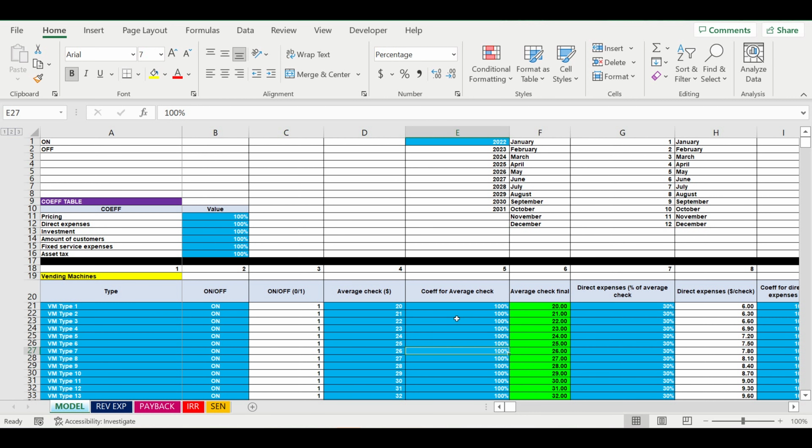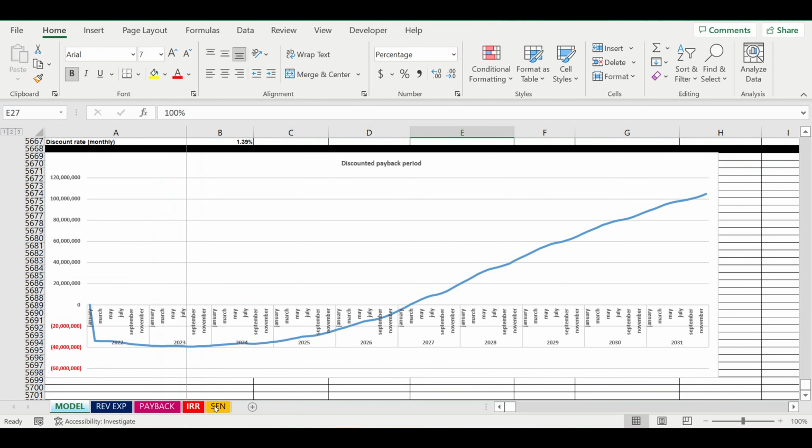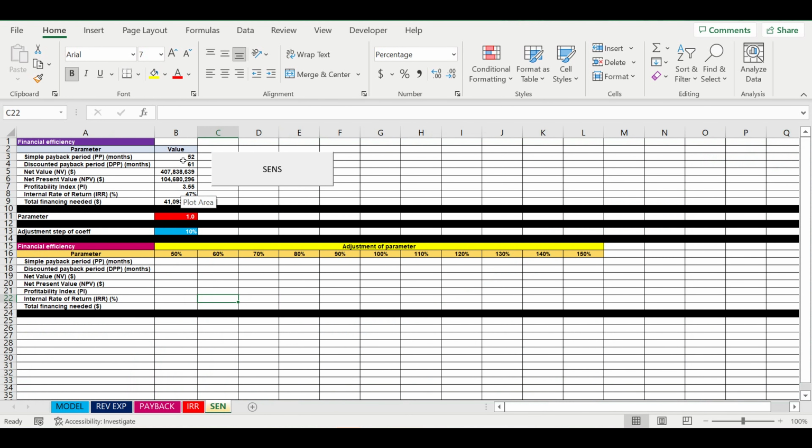While playing with all this, you will see for the first time what is the payback period, simple, discounted, what is the net present value, what is the profitability index, what is the internal rate of return, how much financing in total is needed.